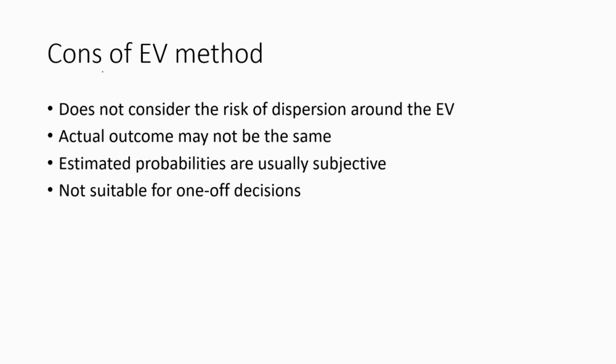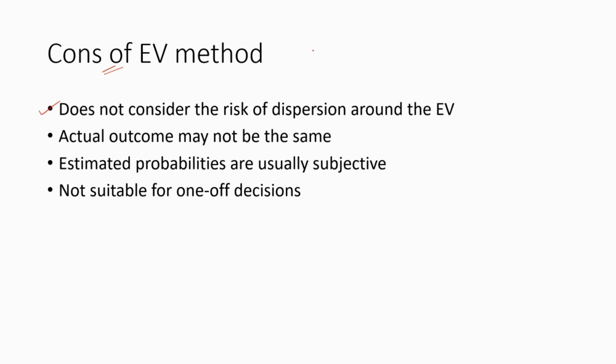Now let's discuss the cons of the expected value method. It does not consider the risk of dispersion around the expected value, because we simply calculated the weighted average value. We did not consider how the possible outcomes are varying around this expected value. Think about it.